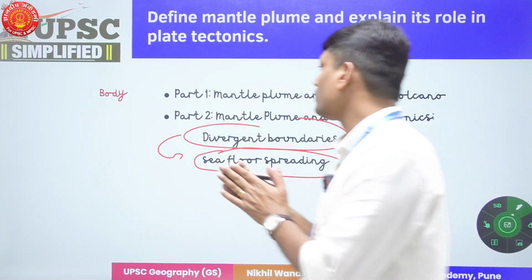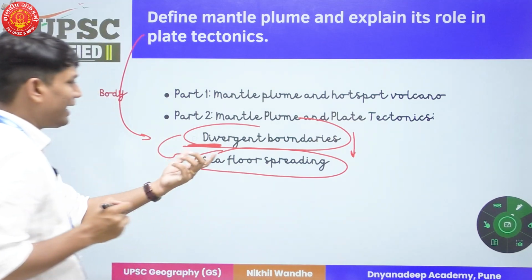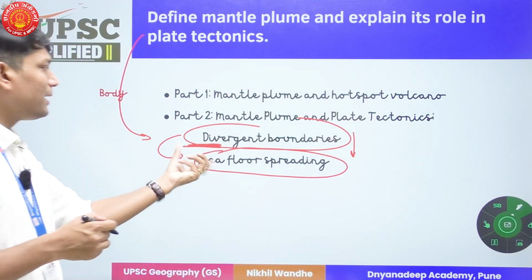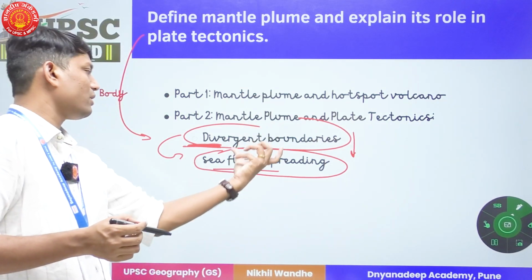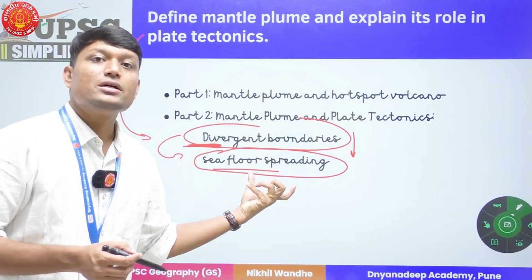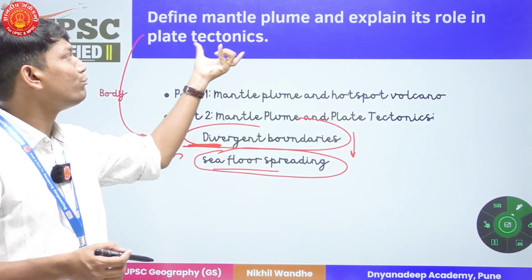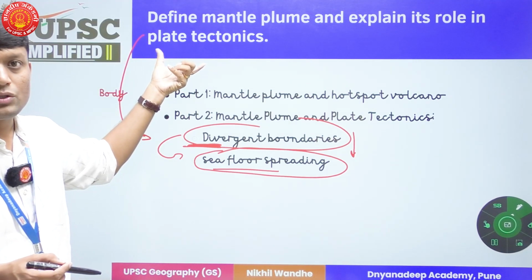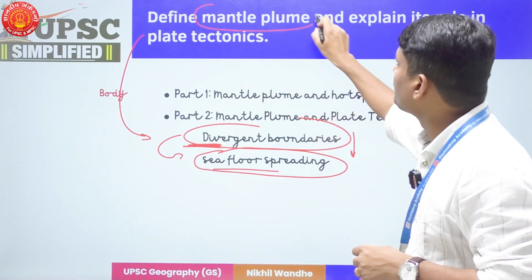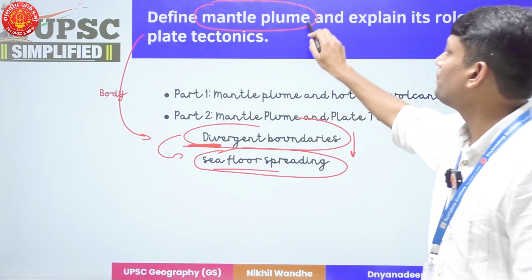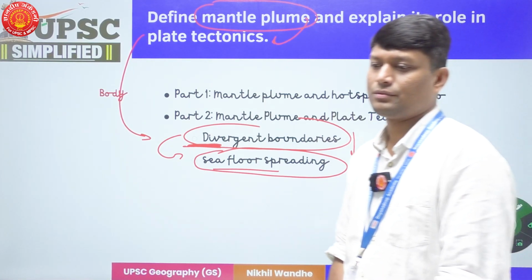The original part of the answer I had to address would end at the divergent boundary, but I'm extending this part and saying that wherever we have a divergent boundary, seafloor spreading takes place, and that is how we have motion of plates. So this way I complete addressing the role of mantle plumes in plate tectonics, right? So this much is enough.